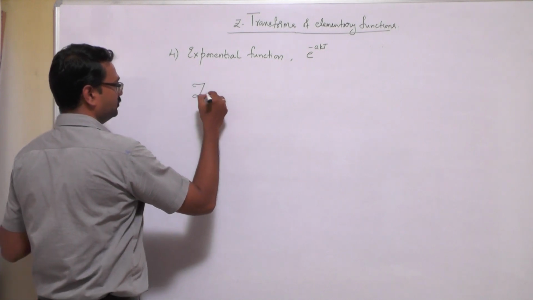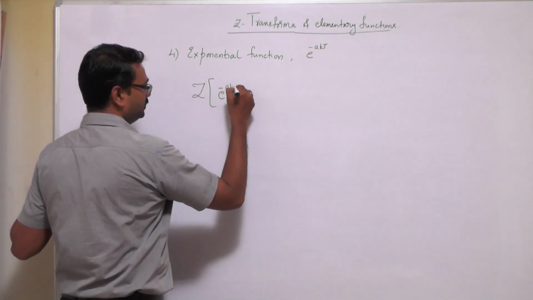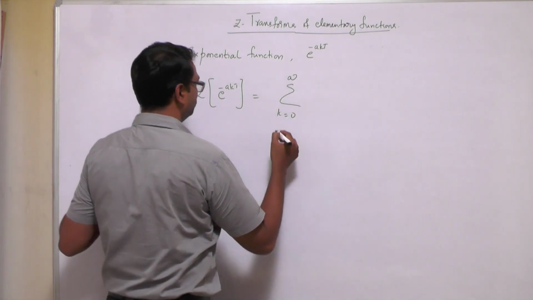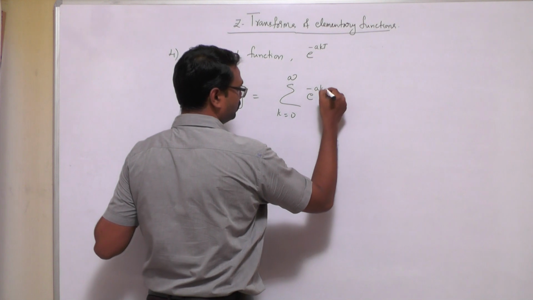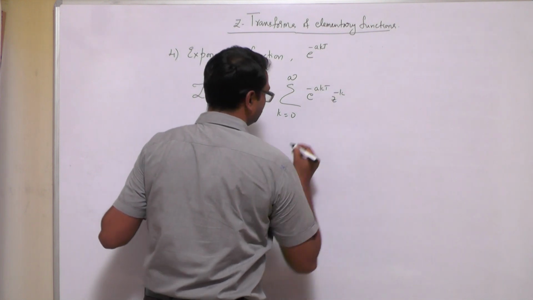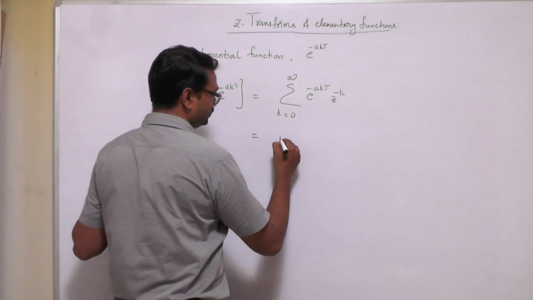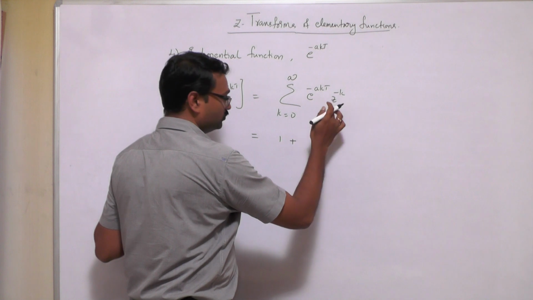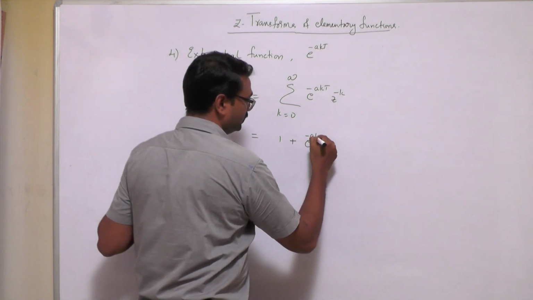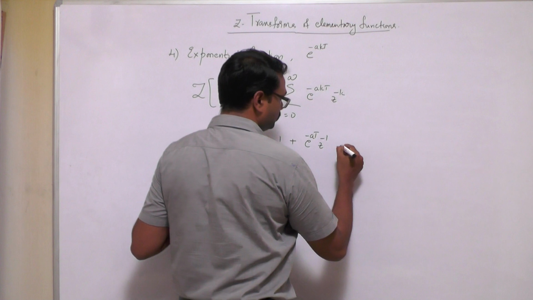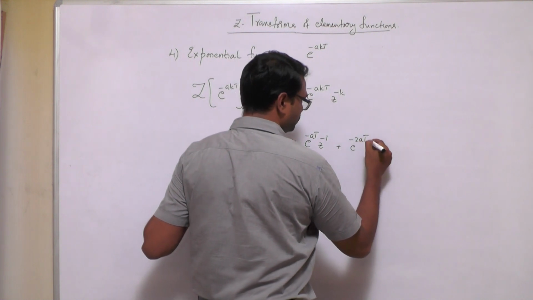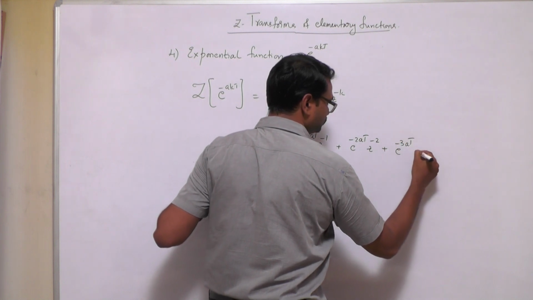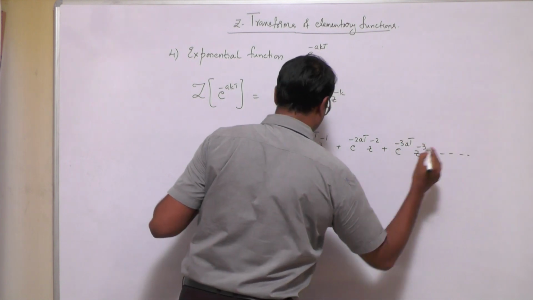Now what is the z transform of e power minus a kt, the sum for k from 0 to infinity? By definition you can write it as e power minus a kt z power minus k. When k is equal to 0 it is 1, plus e power minus at z power minus 1 plus e power minus 2at z power minus 2 plus e power minus 3at z power minus 3 plus so on.